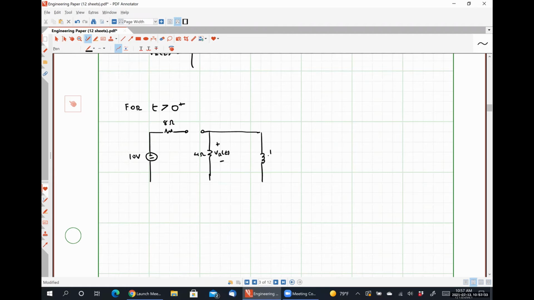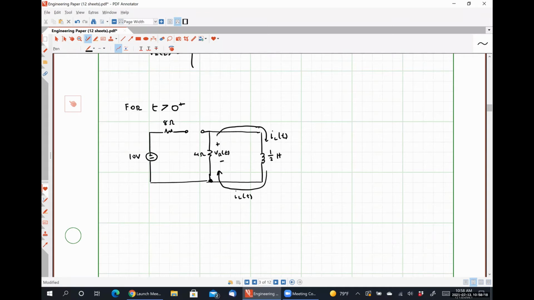Here we have our 1/2 Henry inductor through which a current IL of t is flowing. This is our circuit for all time greater than 0 plus. So when we analyze the circuit at t equal to 0 plus, you correctly deduced that all of that current IL of t is the current that winds up flowing through the resistor. And it just winds up circulating around and around in this loop.